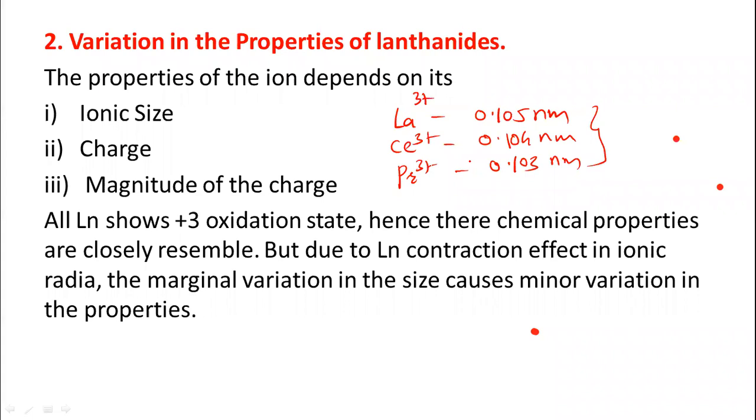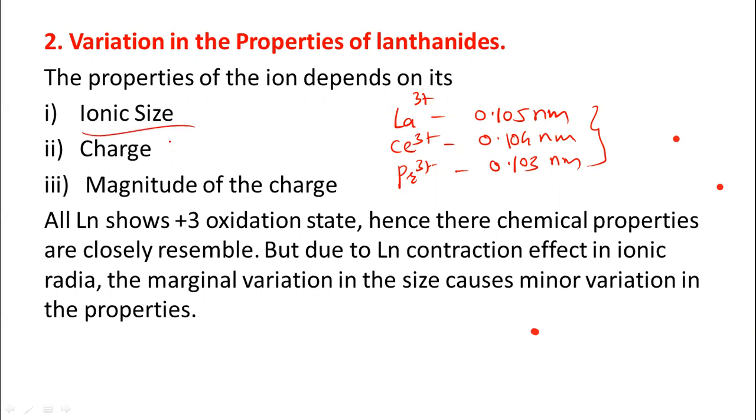It means that the ionic size of all the lanthanon elements is not the same. There is marginal variation, and this marginal variation causes minor variation in the properties. Therefore, there is some variation in the properties of the lanthanons because their ionic size is not the same.